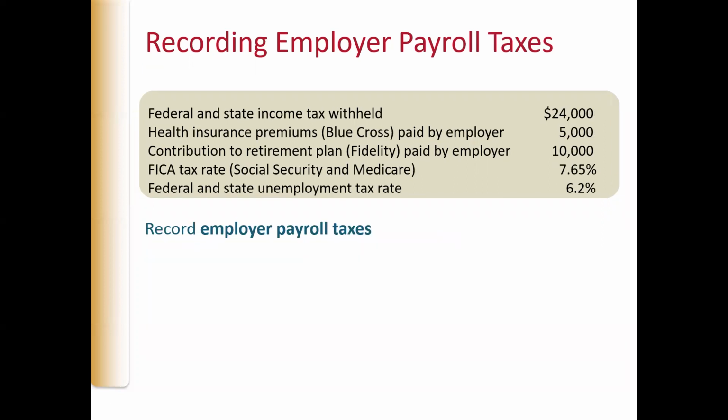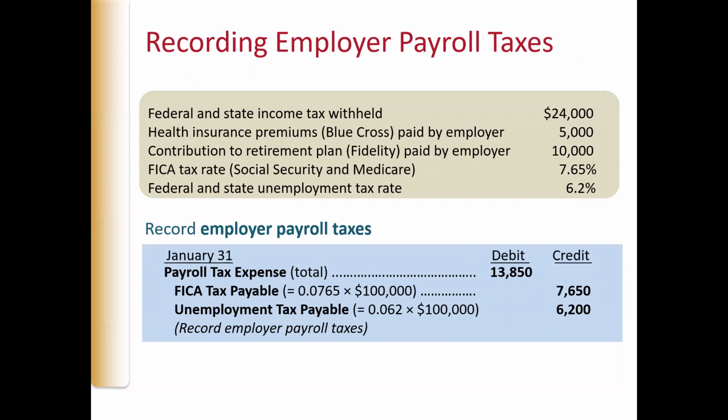Then the last thing we'll look at is the employer's payroll taxes. So what we'll do here is show a debit to payroll tax expense, and we'll credit our FICA tax payable. Remember, the same amount that the employees had withheld, we have to match, 7,650.